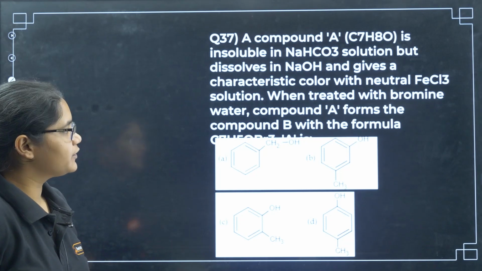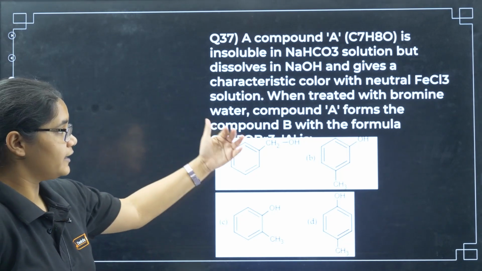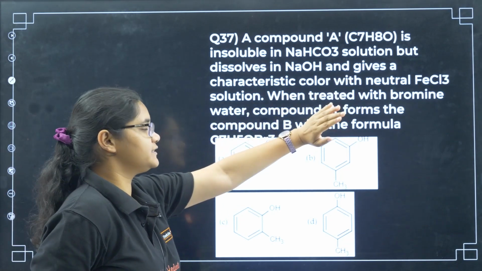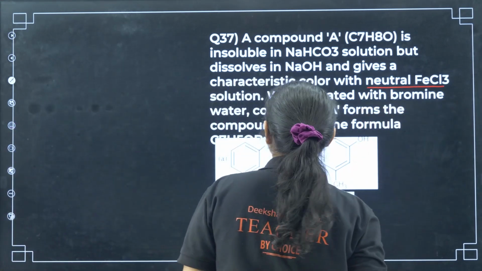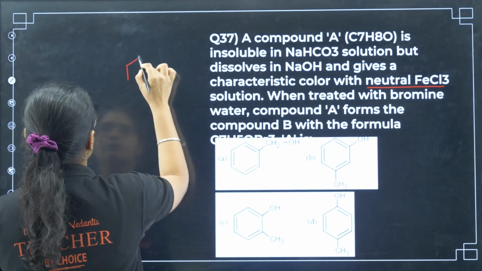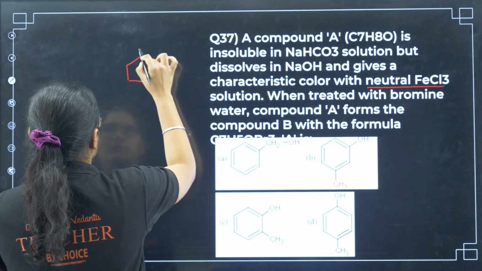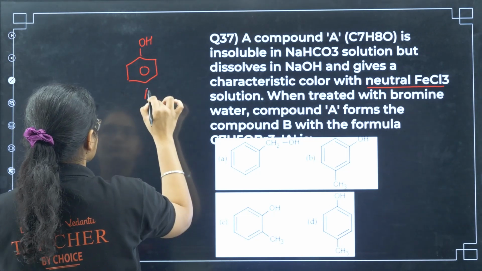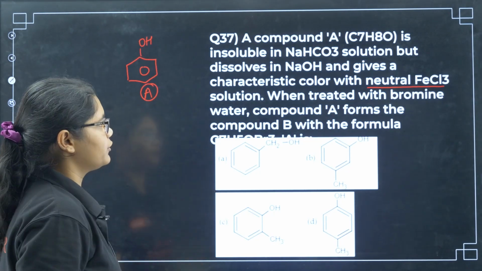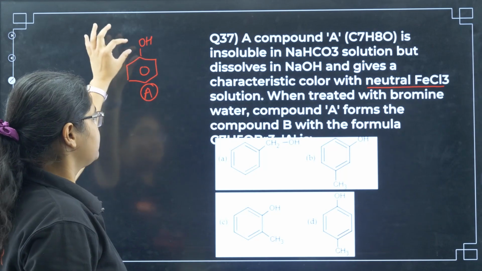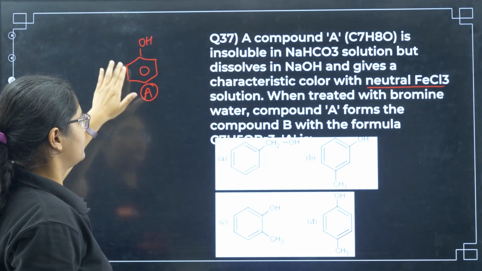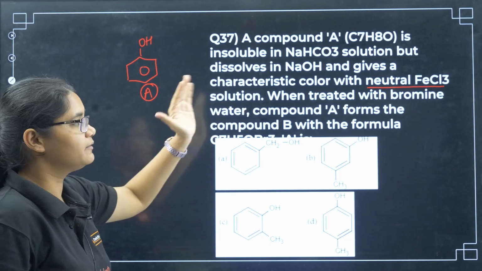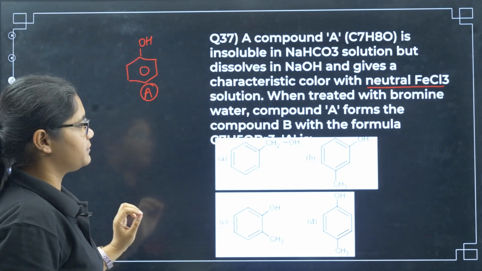So when it is giving a color with neutral FeCl3 solution, that is a major indicator that we have a phenol group. So A must be a phenol group. We have a molecular formula of C7H8O, so there will be another carbon there, but the phenol group is there.